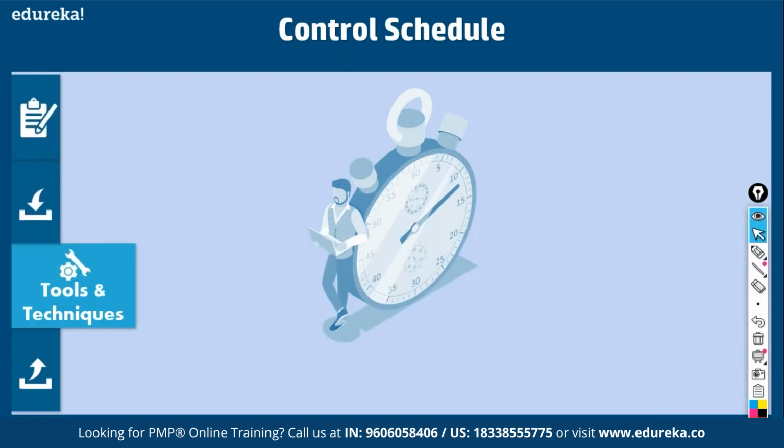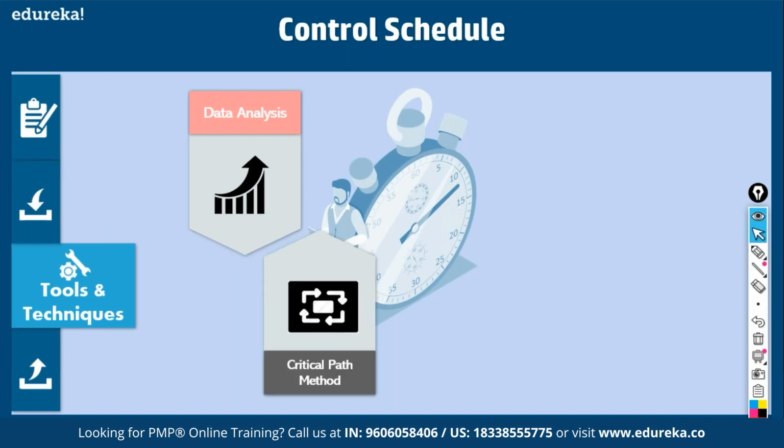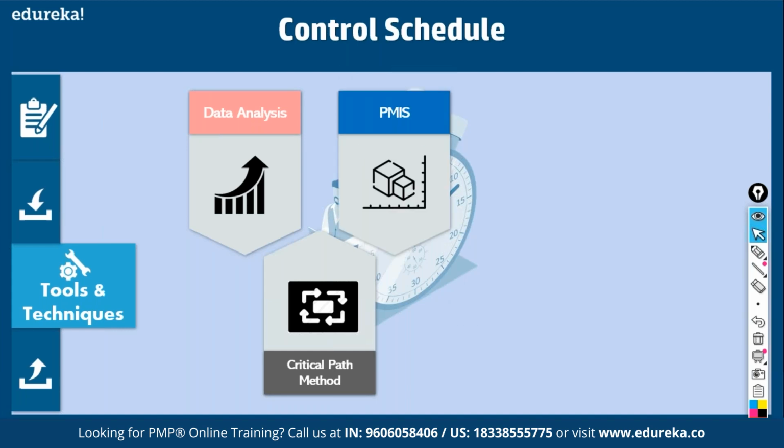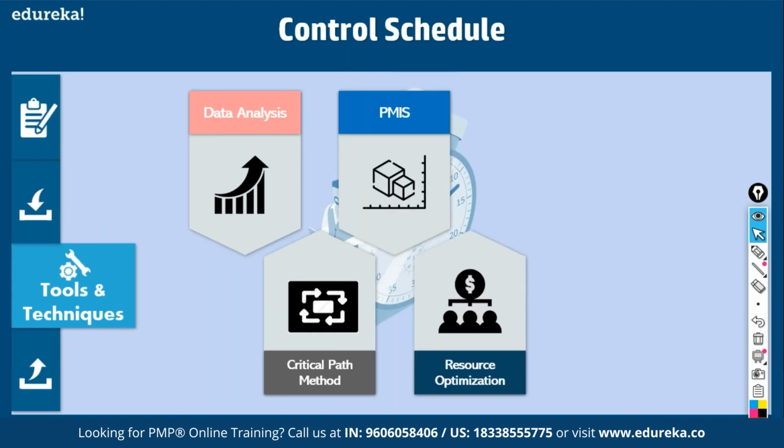Then tools and techniques: you analyze data relating to schedule, find out why variances happened, where you under delivered, where you over delivered, why you utilized more time, what is the problem with our planning, did we under plan, over plan, was it wrong in coming up with assumptions relating to durations. Then critical path method, then PMIS, any scheduling tool, and resource optimization.